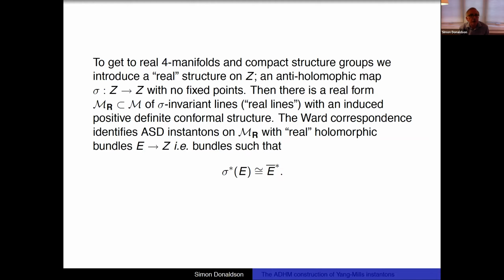But the one that's relevant to Riemannian geometry is to consider an anti-holomorphic map, sigma, from Z to Z, with no fixed points.